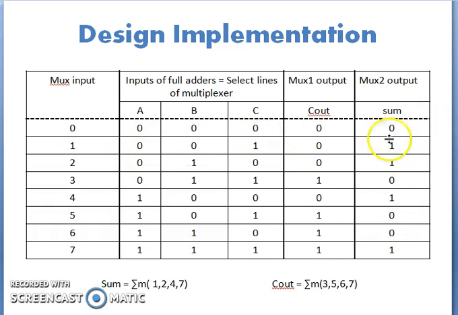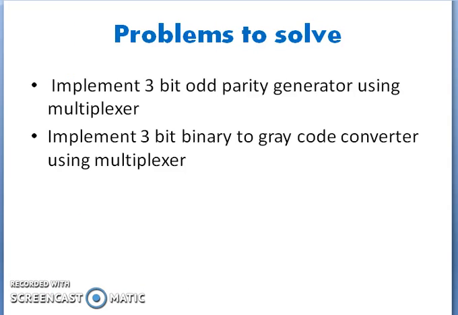So this is decided this way. Here the minterm list is given: at multiplexer inputs 1, 2, 4, 7 we expect sum output 1. So these 4 inputs are connected to VCC, the rest are connected to ground. And for Cout, these 4 inputs are connected to VCC, the rest are connected to ground. The same method and the same procedure you can apply for this problem.